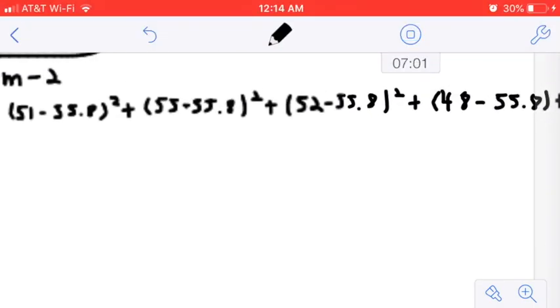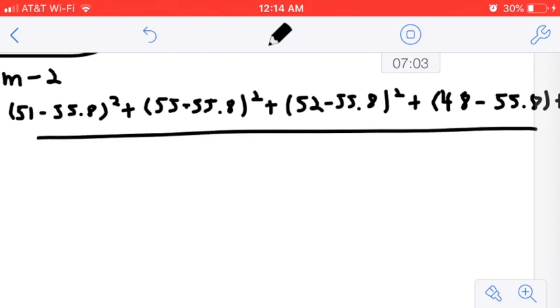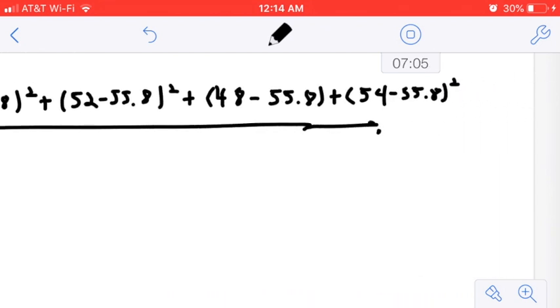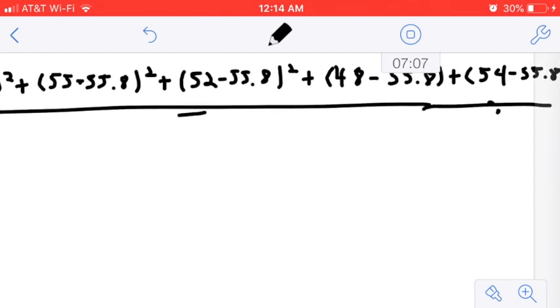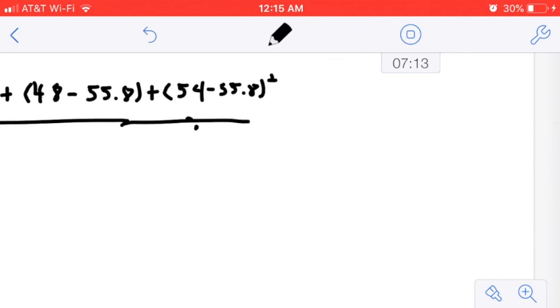And that's all going to be divided by 5 minus 1, which is 4. And that is equal to 6.2.